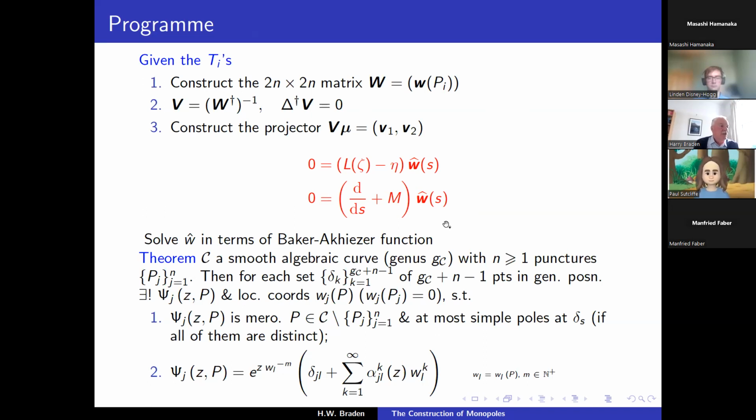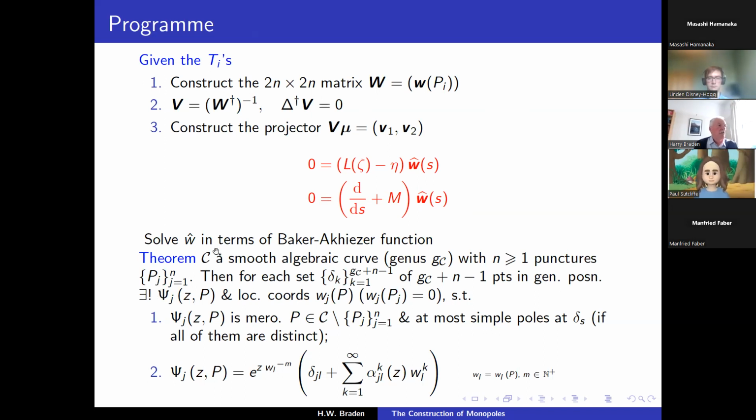And the way we can do that is using this Baker-Akhiezer function. So I've written there the general definition of a Baker-Akhiezer function. It's an extension of meromorphic functions on a curve to allow essential singularities. I call those punctures.